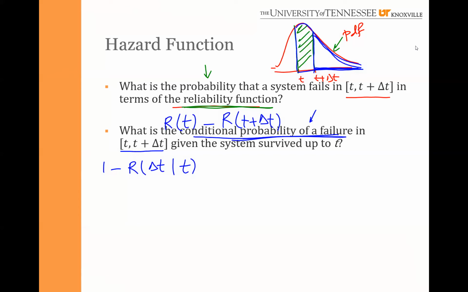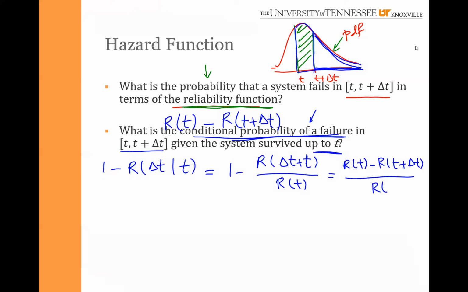But given that the system has survived up to t, in that period, it will be 1 minus reliability of t plus delta t over reliability of t. This will be R(t) minus R(t plus delta t) over R(t). So far, so good?